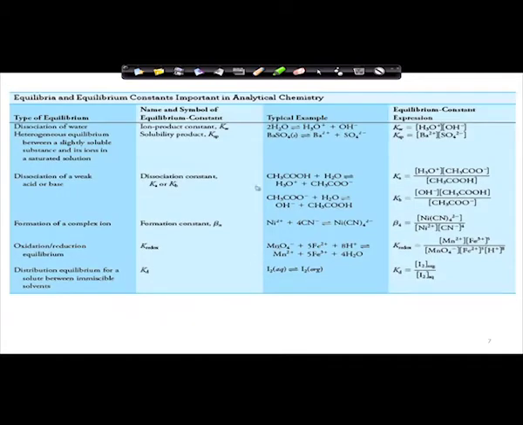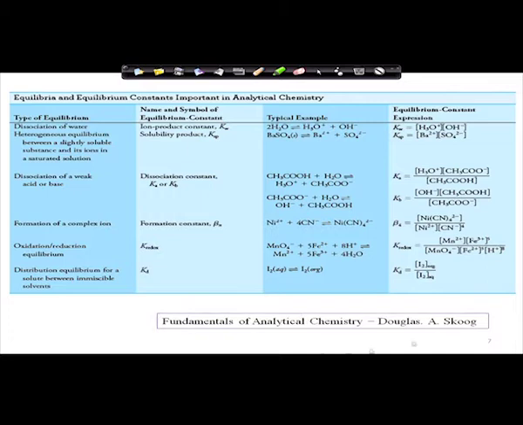So, like in our example, this is a typical textbook table which has been taken from Skoog's book. This is how we can basically write it down. What we are seeing so far is the corresponding reaction, that means the dissociation of acetic acid, which has been abbreviated as HOAc.